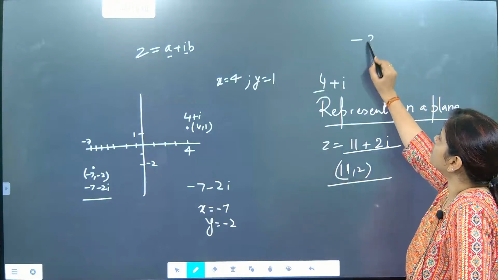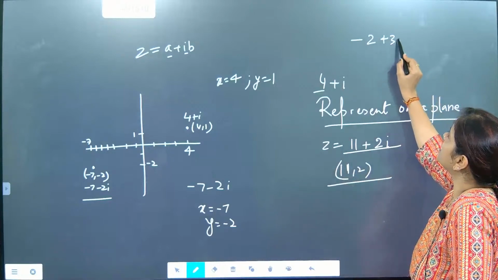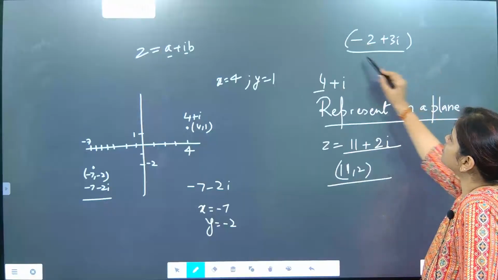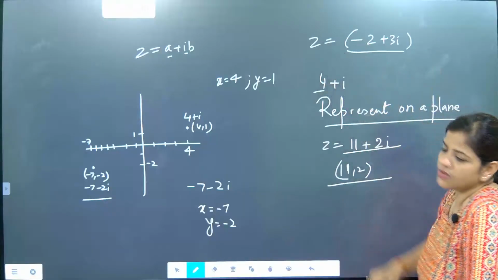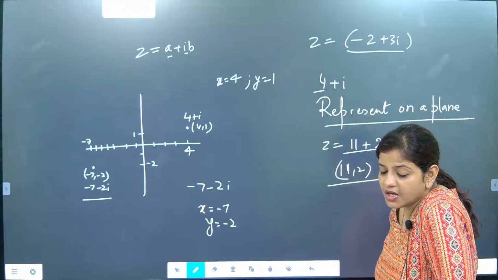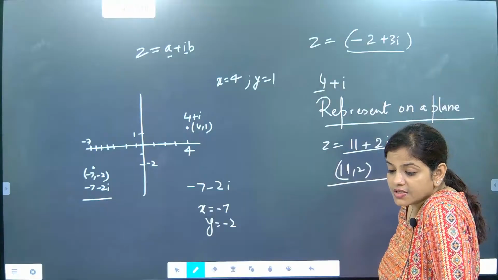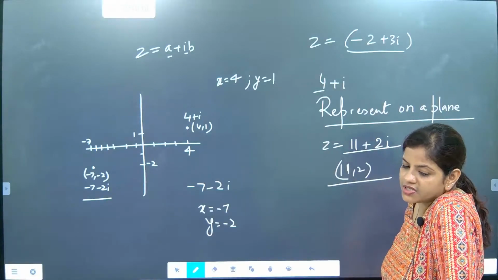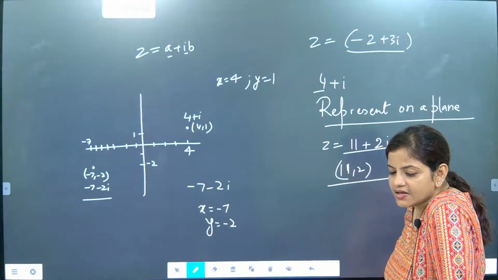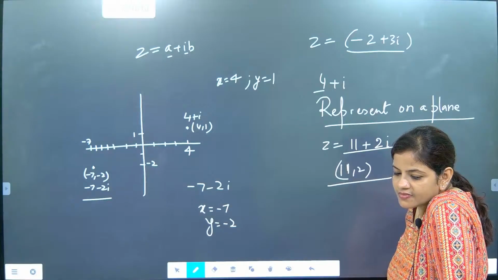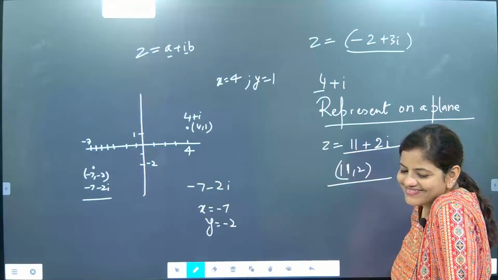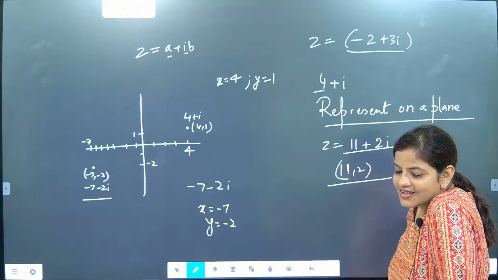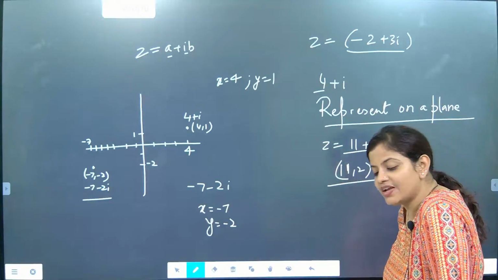This one you check: -2 + 3i. Tell me, the complex number z = -2 + 3i is written. So -2 + 3i means (-2, 3).